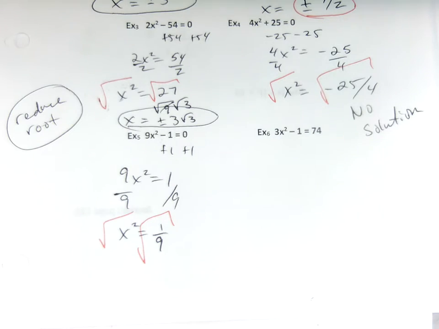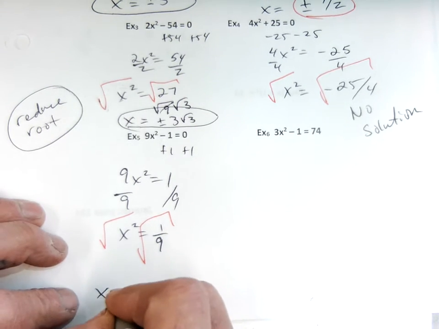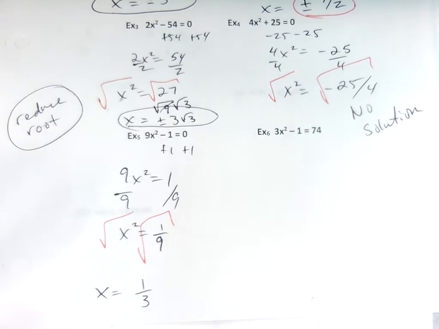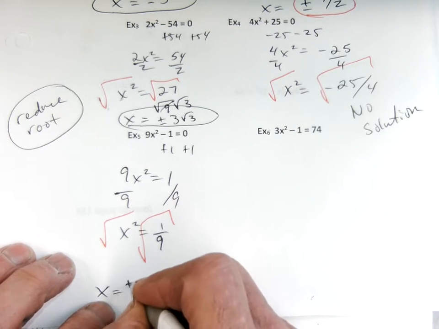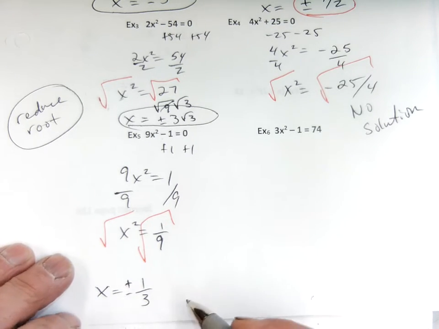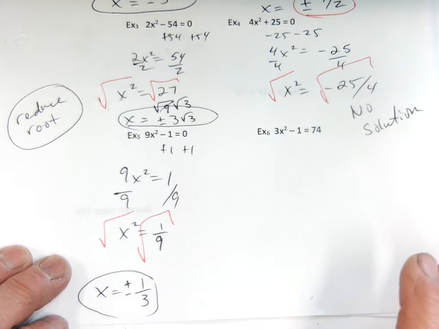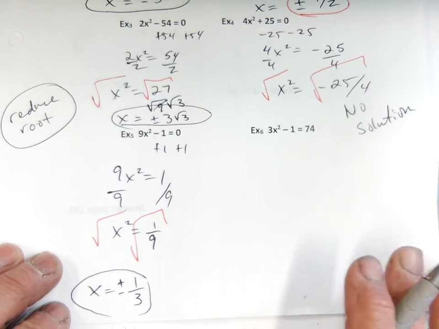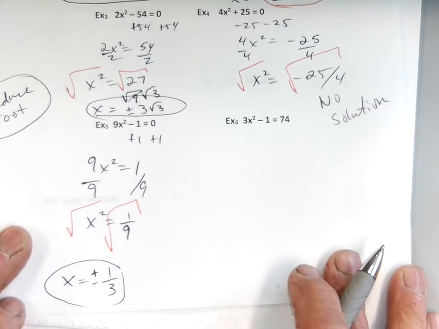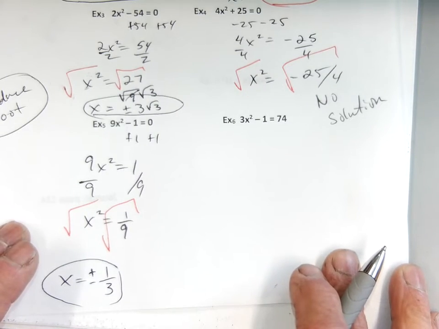So we just get 1/3, right? X equals 1/3. And then the big question is 2 answers. I need 2 answers, plus or minus. I got positive 1/3 and a negative 1/3, okay? How am I doing? Am I going too fast or am I doing okay?